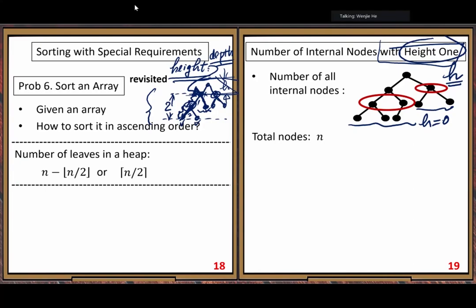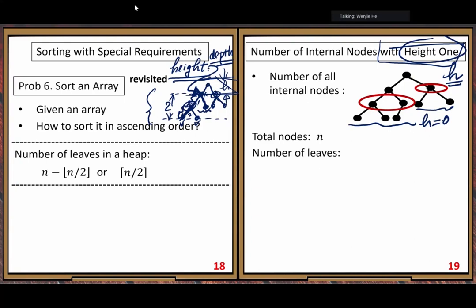Only these 2 types, and they are mutually exclusive. Based on this understanding, we know the number of leaves. Then the complementary part will be the internal part, right?